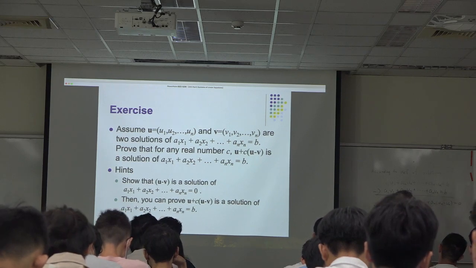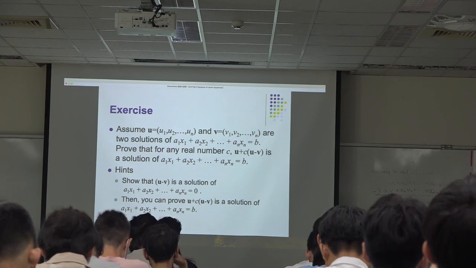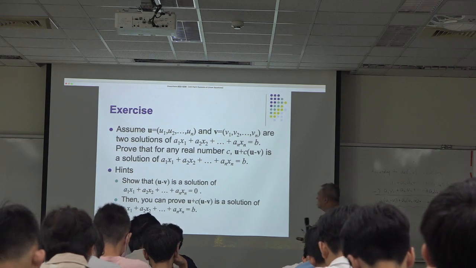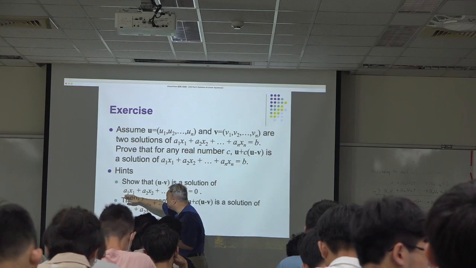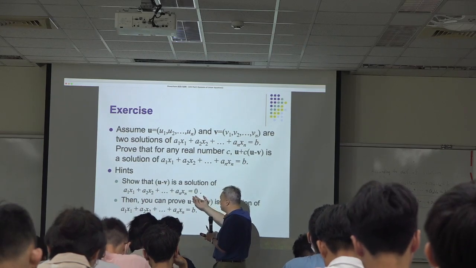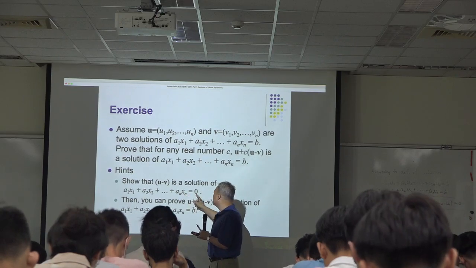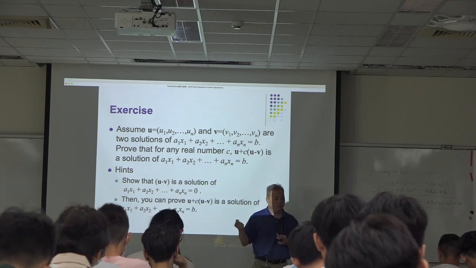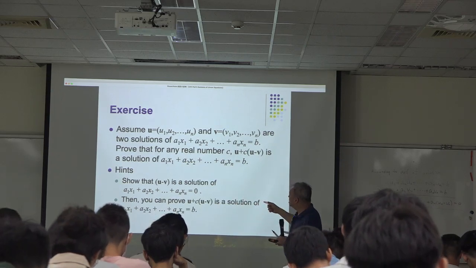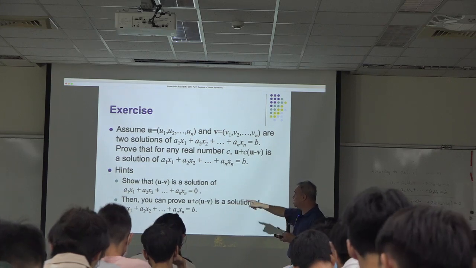So we have this, right? That's how we can show u minus v is a solution for this linear equation. This obviously is also a linear equation, where the constant term is 0. The bias is 0. This is the only difference from the original linear equation and this one.